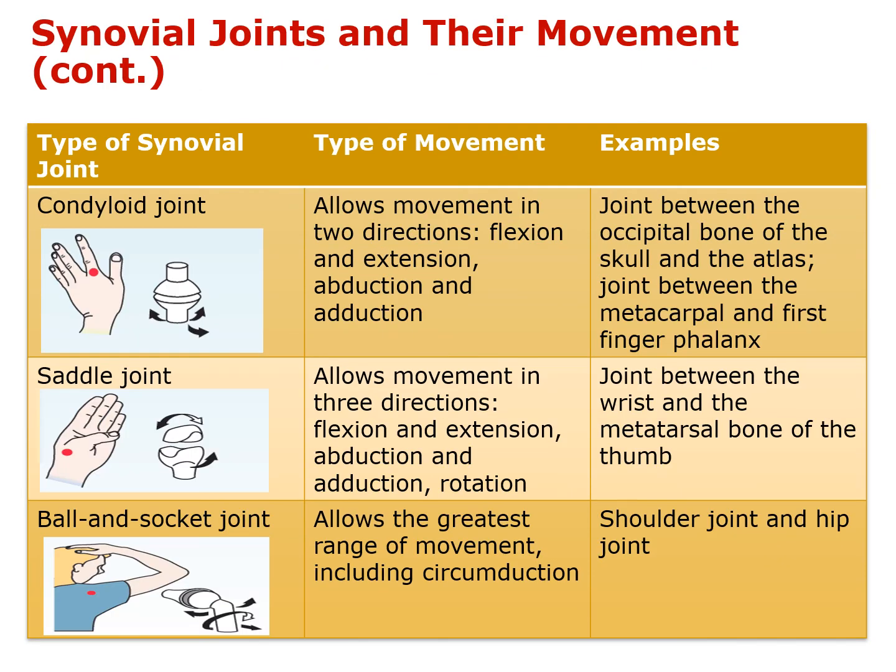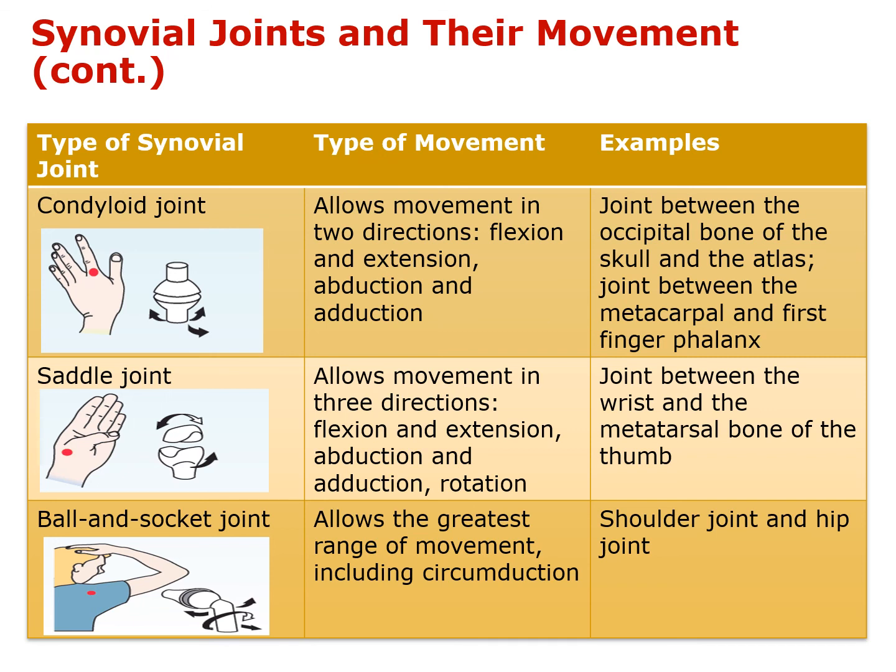The condyloid joint allows movement in two directions. This is why we can take our fingers and bend them over or spread them out. We can do the spot move. The joint between the occipital bone of the skull and the atlas, and the metacarpal and the first finger phalanx right here.